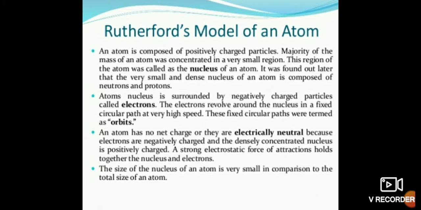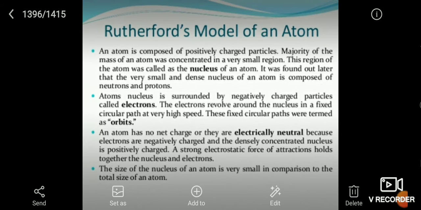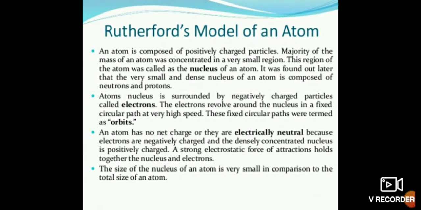protons. The atom's nucleus is surrounded by negatively charged particles called electrons. The electrons revolve around the nucleus in a fixed circular path at very high speed. These fixed circular paths were termed orbits.